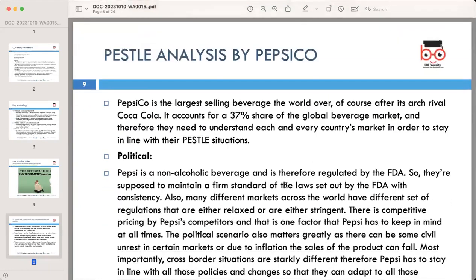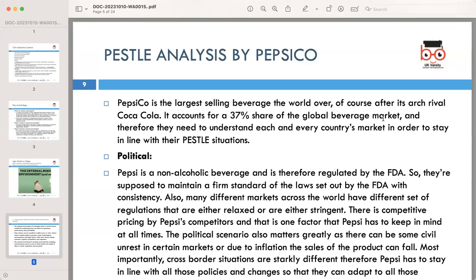Okay, so PESTEL analysis of PepsiCo. PepsiCo, or as most people know it, Pepsi. So PepsiCo, the world's second largest beverage company, commands a substantial 37% share of the global beverage market.